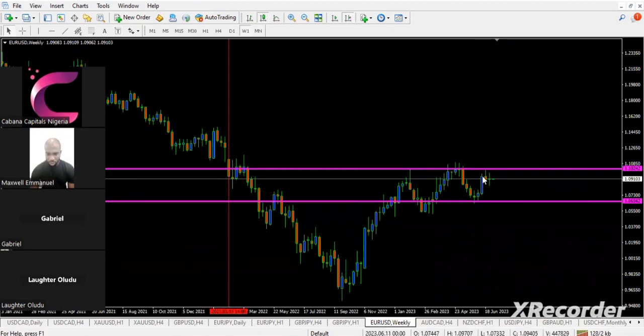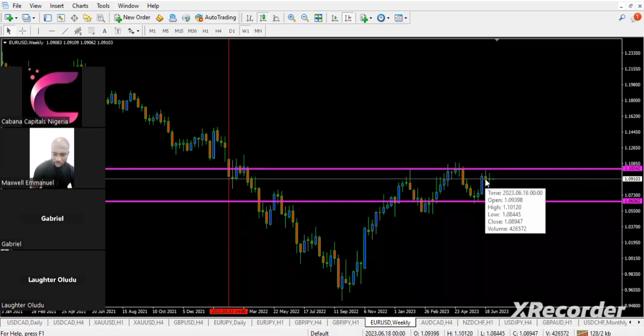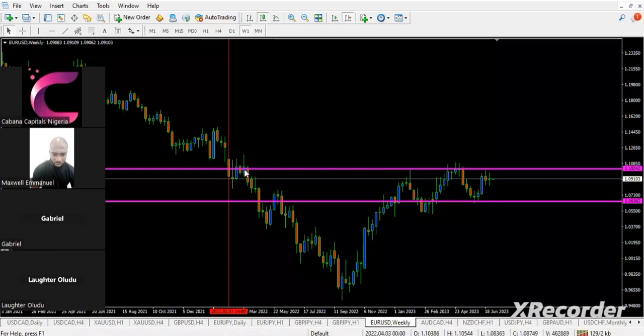This is a spinning top indicating change in trend, and the high of that spinning top is at a resistance level. You would only buy if this resistance is broken. But at the moment, this is a sell setup on Euro USD.